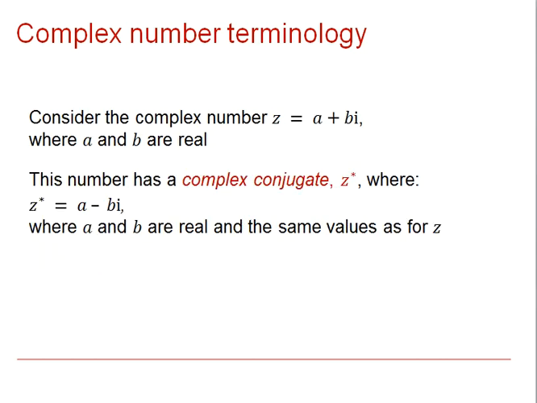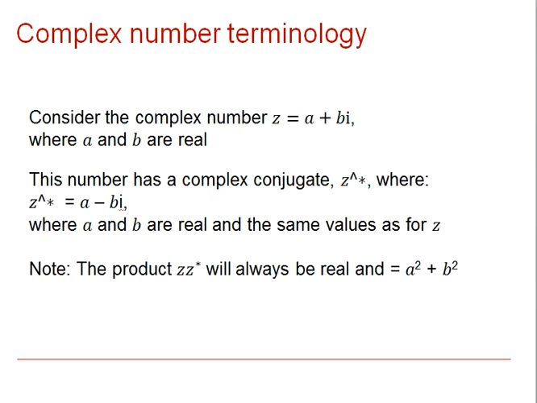In looking at the solutions to quadratic equations, and in the previous session on complex number division, we also talked about the idea of a complex conjugate. This is generally denoted by z star, where of course z star then equals a minus bi. a and b are still real and are the same values as they were for z.